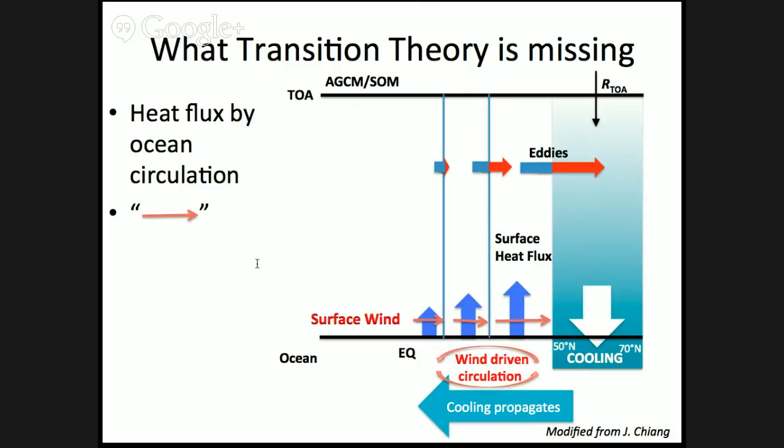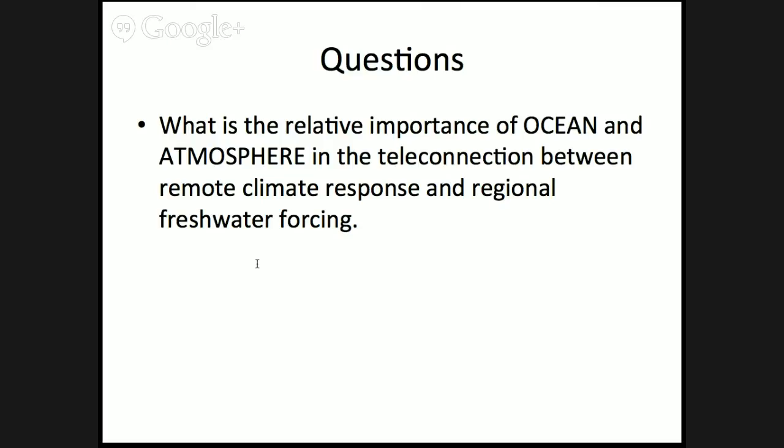So the feedback from the ocean is missing. So my question is, since people argue that both atmosphere and ocean play a role in the teleconnection, what's the relative importance of the two components?